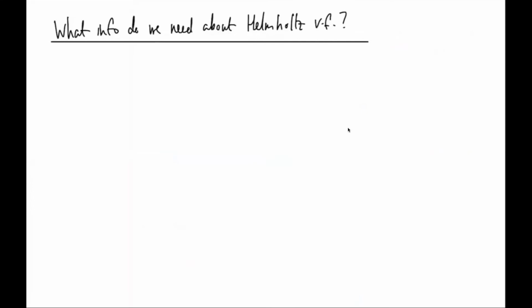Right. So the first of these 2 slides is: what information do we need going forward about this Helmholtz variational formulation? Remember that we reformulated our model Helmholtz problem as finding U tilde in H1 of BR such that A(U tilde, V) is F of V for all V in H1 of BR.